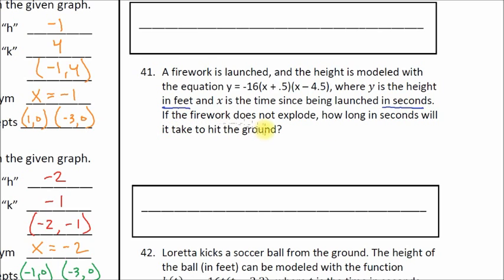If the firework does not explode, how long in seconds will it take to hit the ground? Yay. They're asking us for x-intercepts. When does it hit the x-axis? That would be hitting the ground. We've got intercept form. That makes this really, really easy.